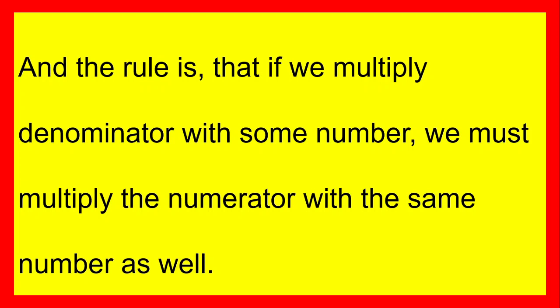And you remember also the rule we learned in equivalent fractions, that if we multiply the denominator with some number, we must multiply the numerator with the same number as well.